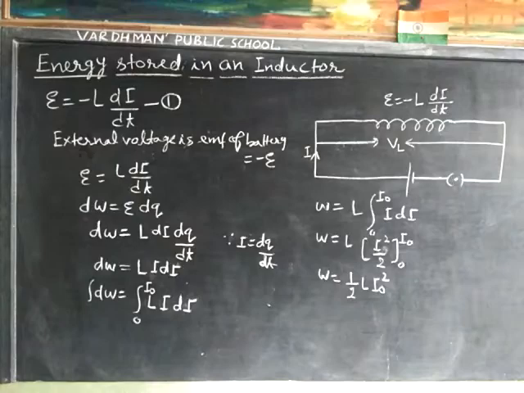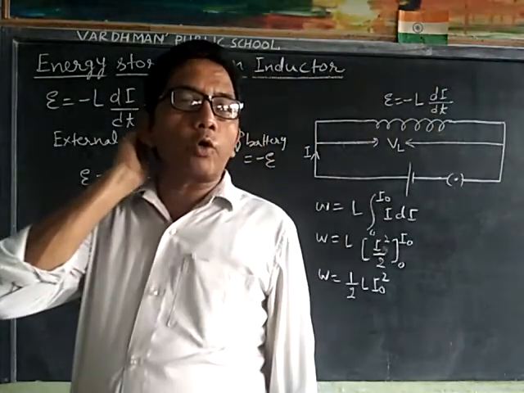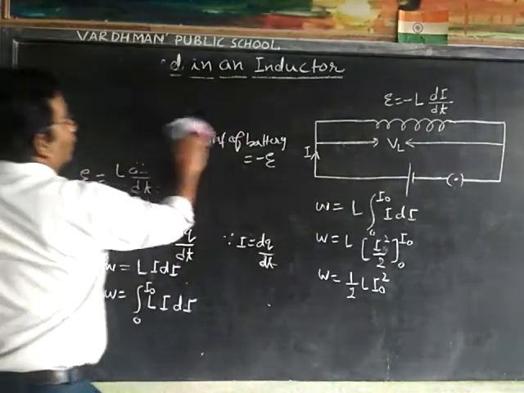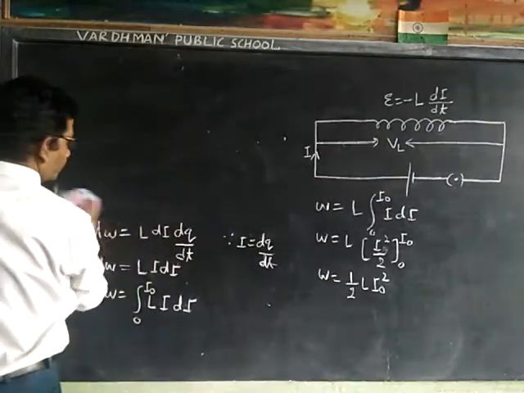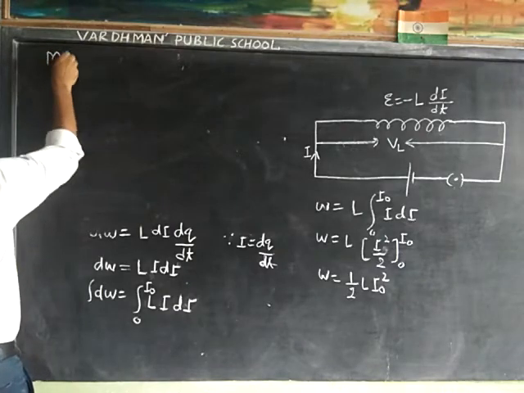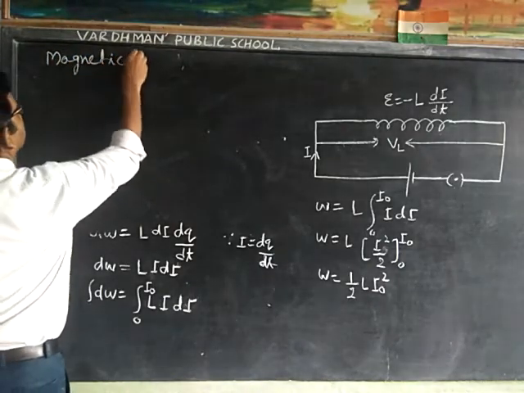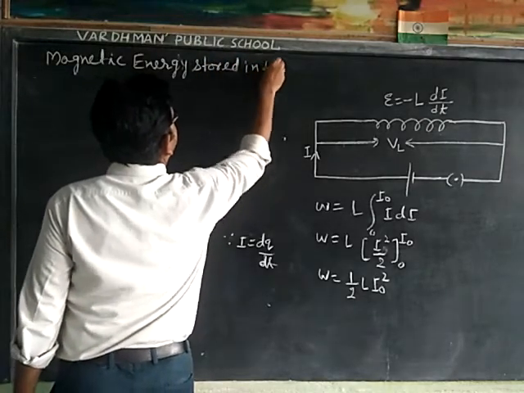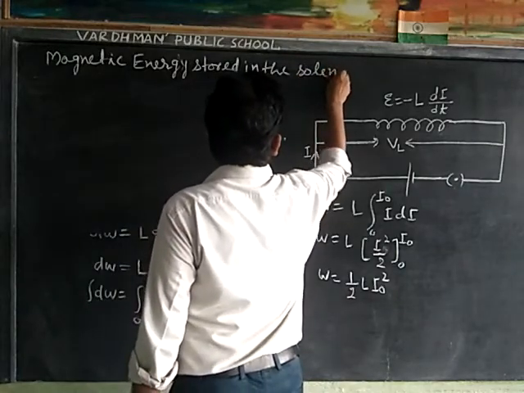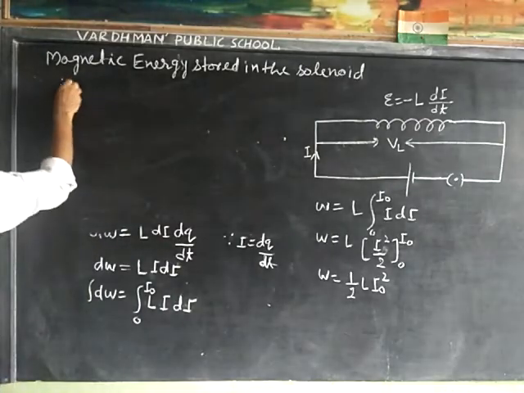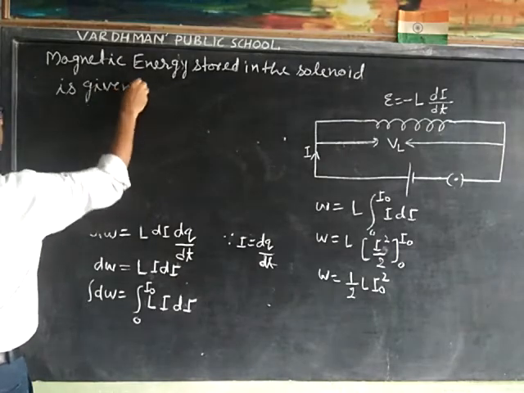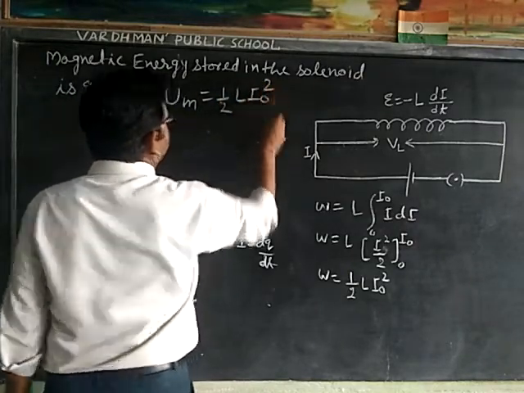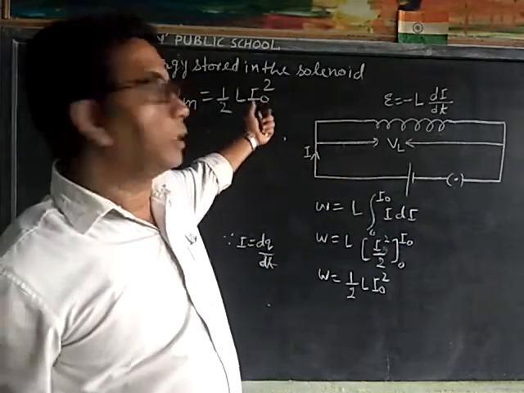Now, the magnetic energy stored in the solenoid is given by Um is equal to half L I0 square.